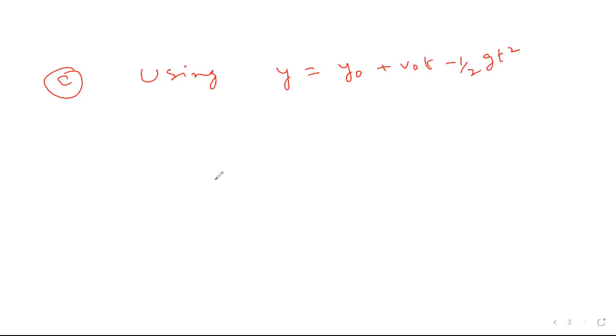So let us move to the solution. You can see t is the only unknown. So we have to solve for time.